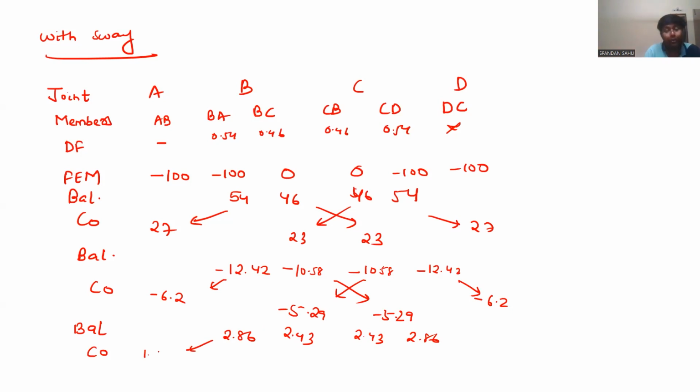This will be 1.43, 1.43, 1.215, 1.215, 1.43. Again balance it. You will get minus 0.656, minus 0.559, here minus 0.559 and minus 0.656.